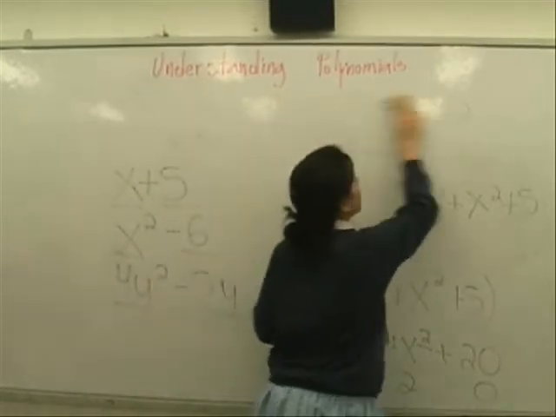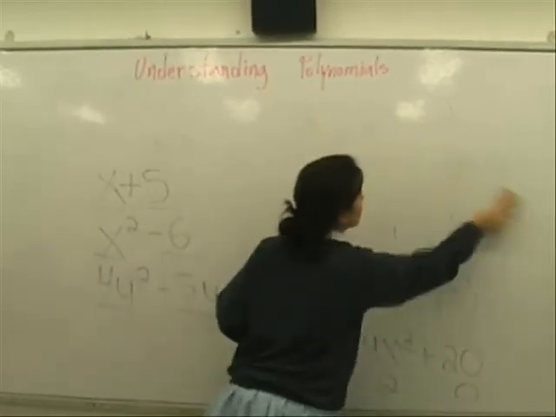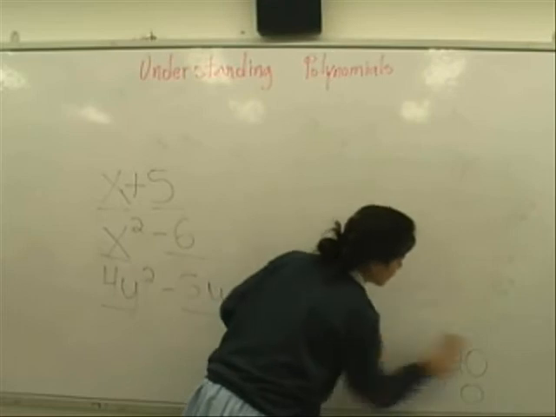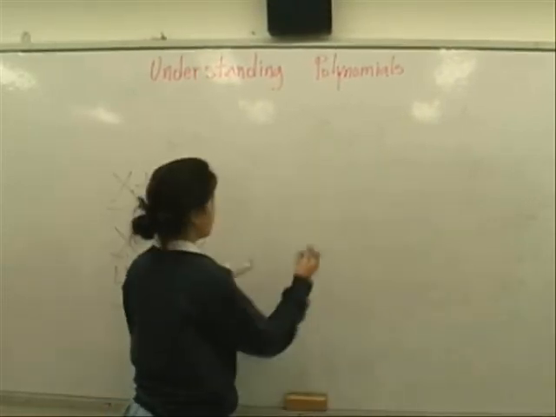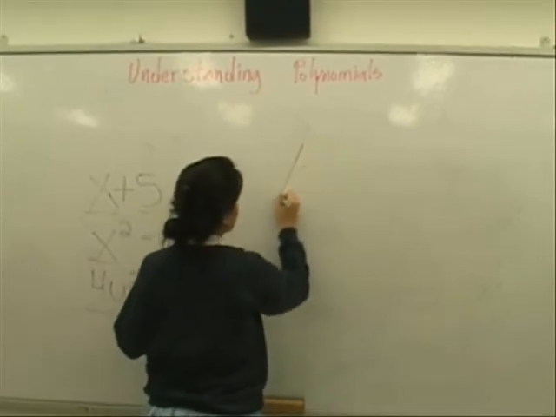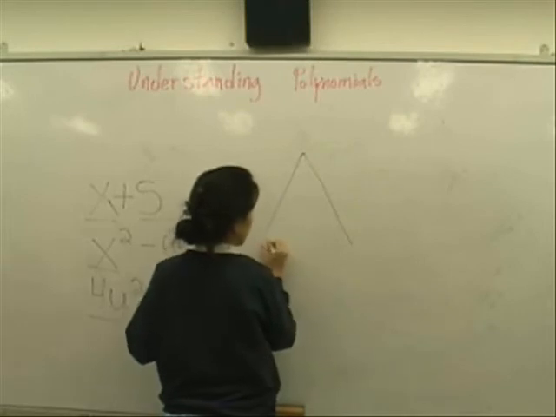Okay, let's do another exercise, but with a triangle. So this is an equilateral triangle. All of its sides have the same measurement.